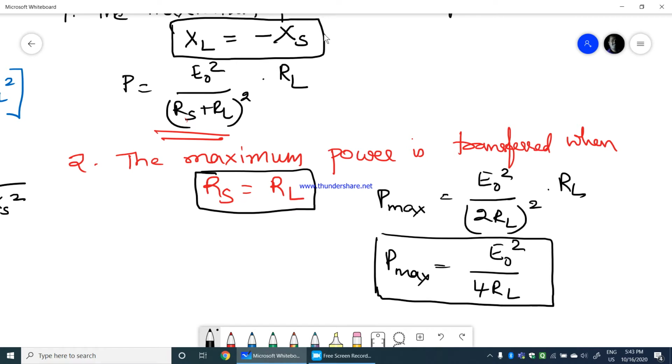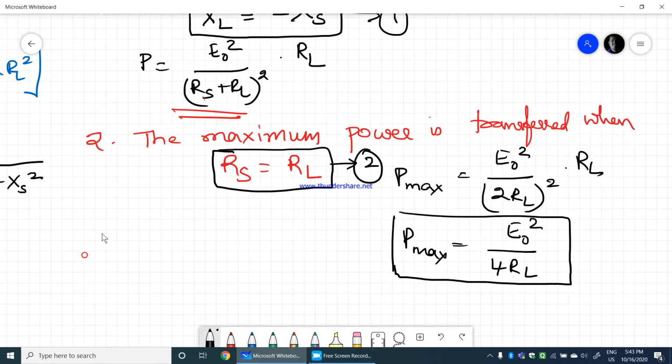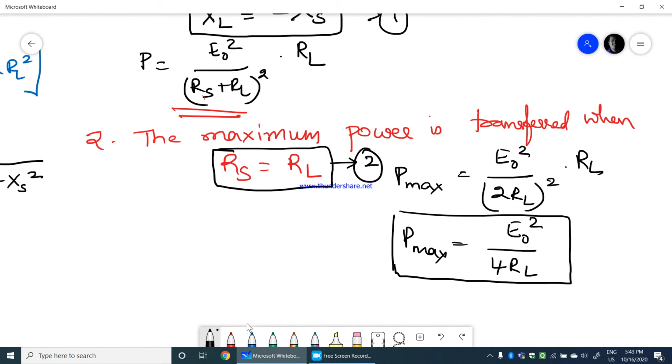Now with these conditions 1 and 2, I can easily write one more expression for this condition. What is that expression? RL plus j into XL would be equal to RS minus j into XS.